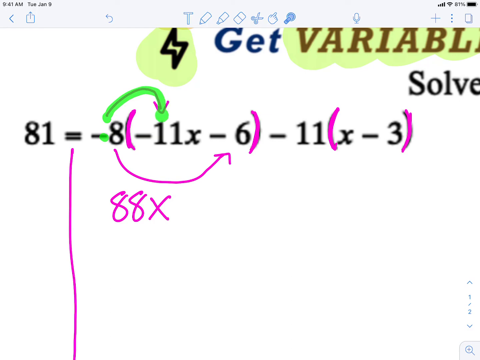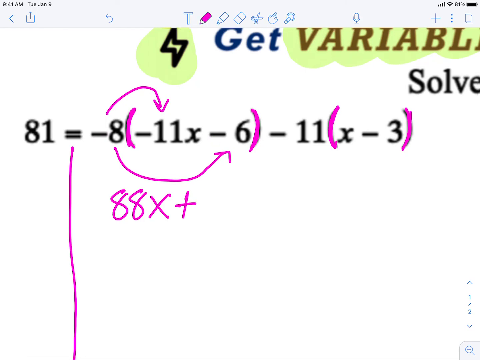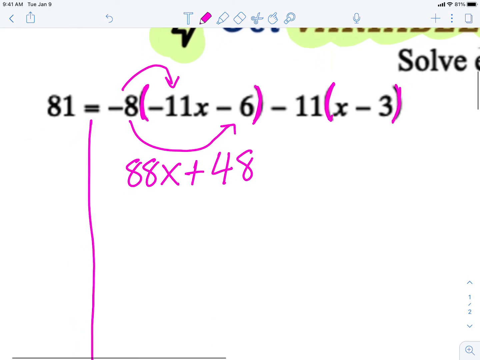Now that was the top. Now we're going to do the bottom. Negative times negative is positive, plus 8 times 6 is 48. Just like that.